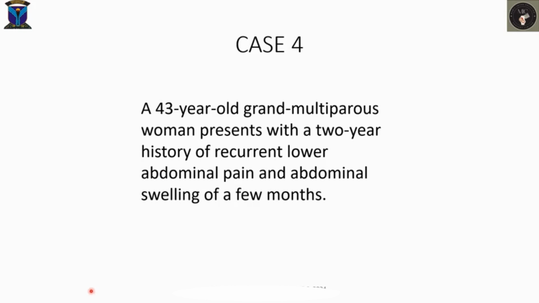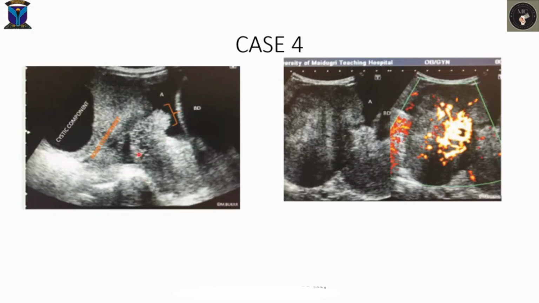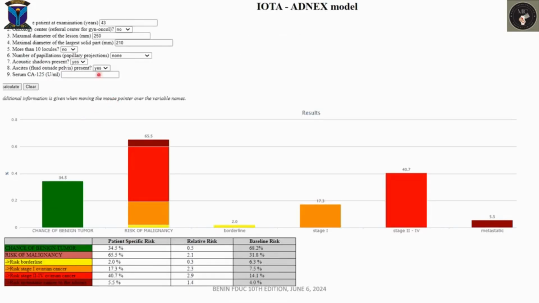Case number 4 was a 43-year-old multiparous woman who presented with a 2-year history of recurrent low abdominal pain and abdominal swelling for a few months. Now look at this solid lesion here with shadowing, ascites. So the information was inputted into the ADNEX model, and this is what we have: chance of benign, chance of malignancy, and the subclassification of the malignancy with the highest risk of stage 2 to 4.